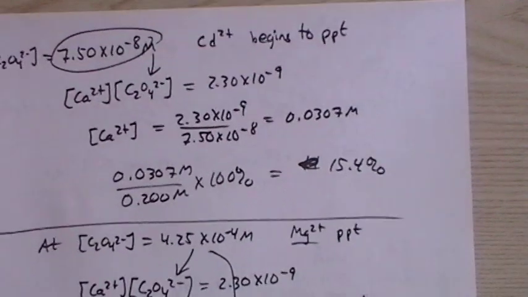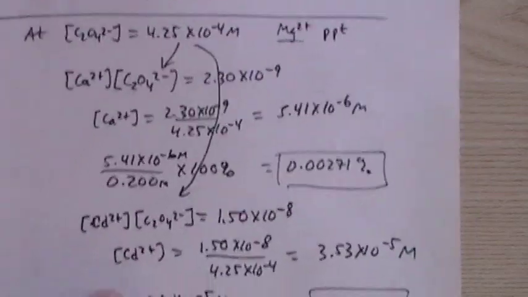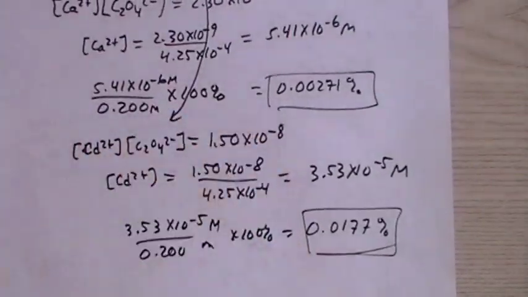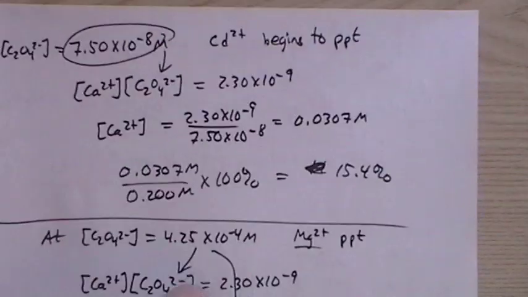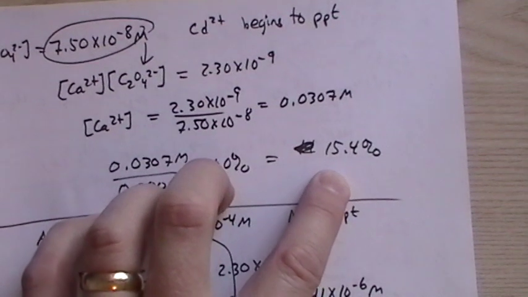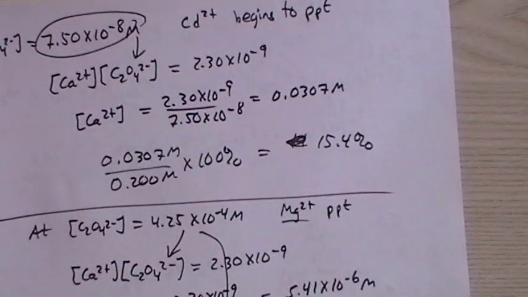So those percentages tell us what kind of separation we're going to get. When the magnesium starts to fall out, pretty much both of these guys are gone, so it's going to be a pretty pure sample. But here we'd have 15% of the calcium left over when the cadmium begins to fall out, so the calcium is going to continue to precipitate with the cadmium. So it depends on what you're after, but usually 15% is not really good.